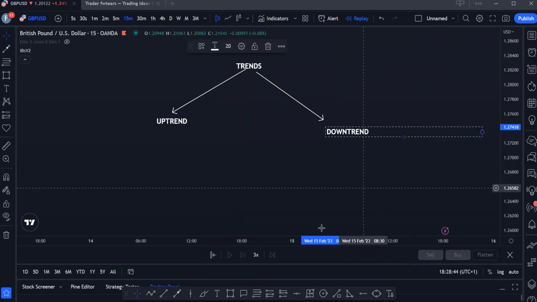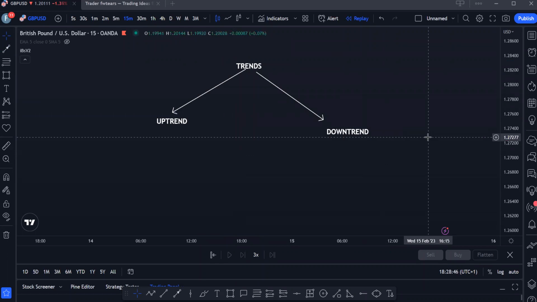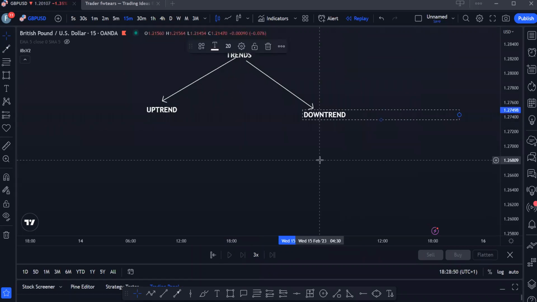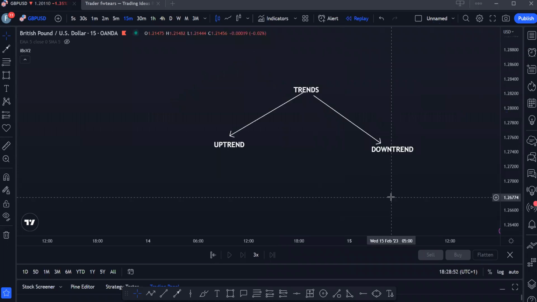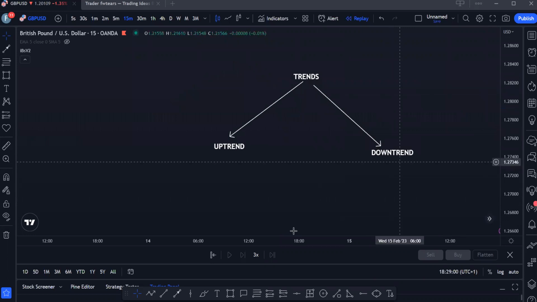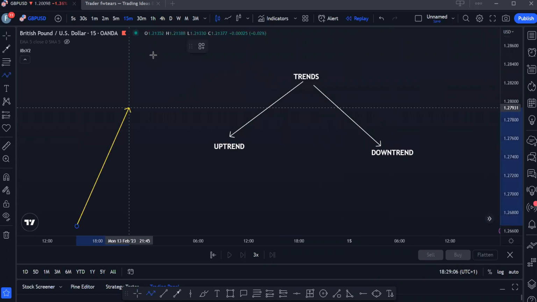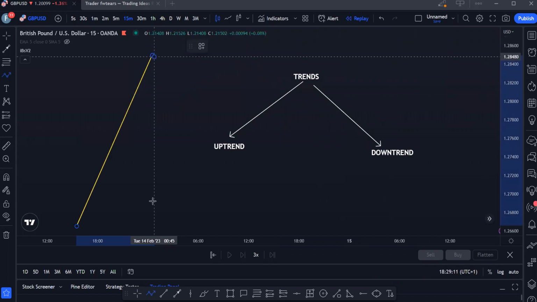What is an uptrend? What is a downtrend? An uptrend is a type of trend that happens when the market is bullish. When price is going up, when a currency pair's exchange rate is gaining strength, we say that price is in an uptrend.